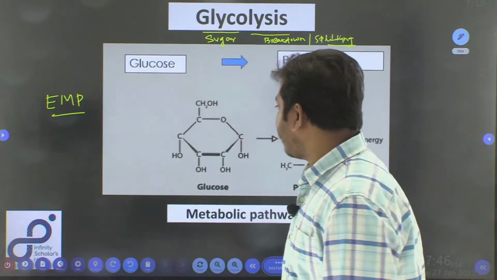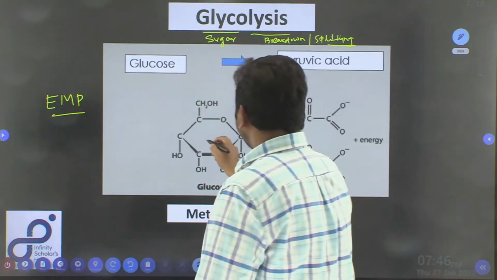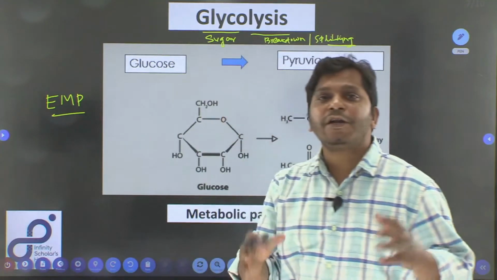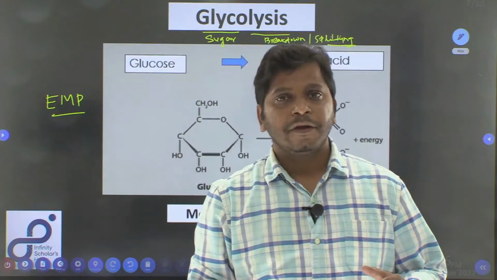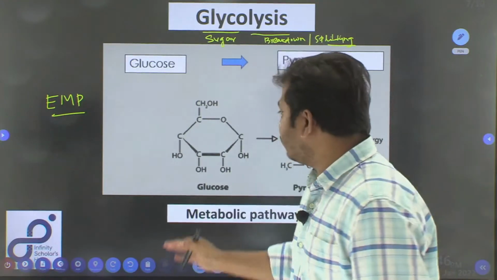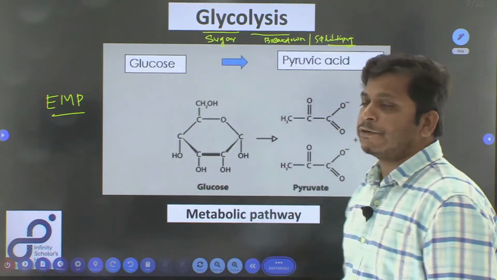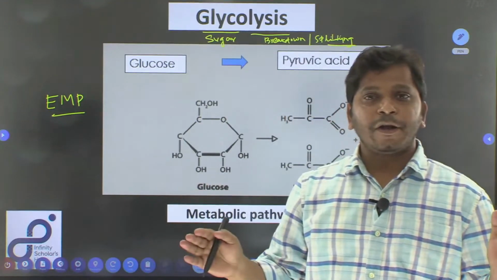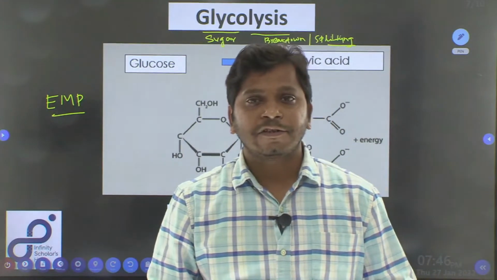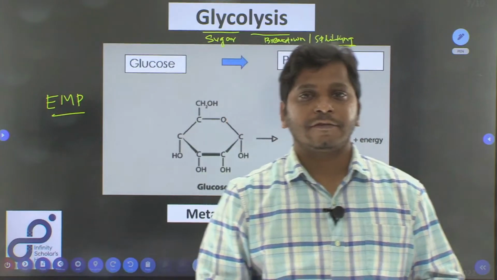If you look at this, the reaction is a multi-step reaction. It is not a single-step reaction in which the glucose molecule is directly converted into pyruvate. In higher classes you will study how that multi-step reaction works.